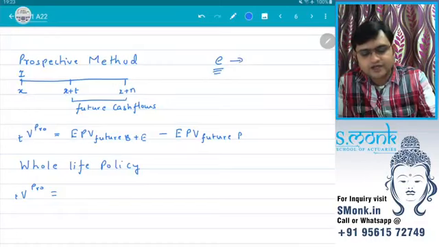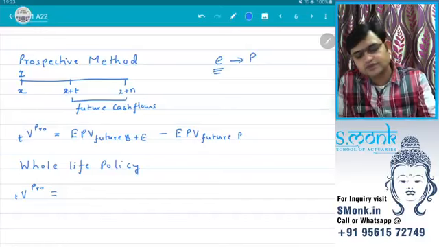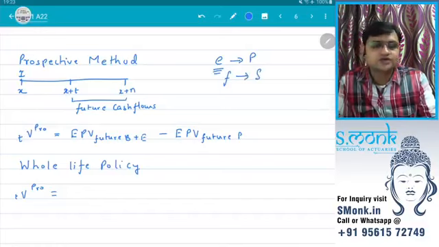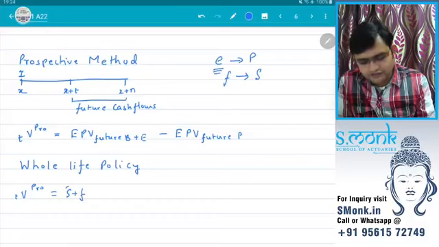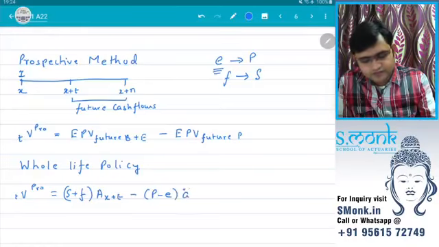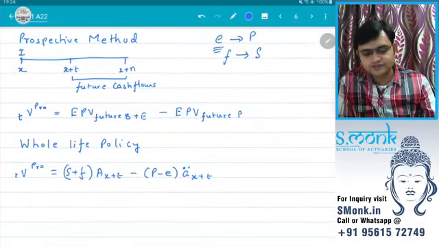We will be subtracting that from the premium, because usually that is directly related to the premium, and our terminal expense, we'll be adding that to the sum assured, because it is usually given similar to sum assured. So I'll say S plus F, A X plus T, minus, say, P minus E, A due X plus T. This is how we'll write for our whole life policy.